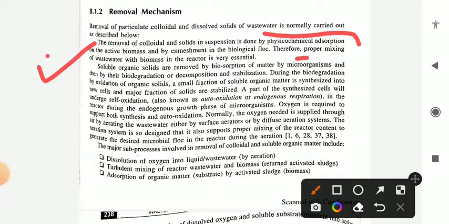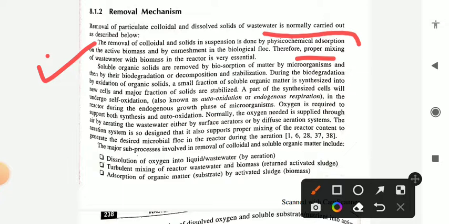Therefore, proper mixing of wastewater with biomass is essential, right? Then soluble organic solids are removed by biosorption by the microorganisms, and then by biodegradation or biodecomposition, we can say, and stabilization.